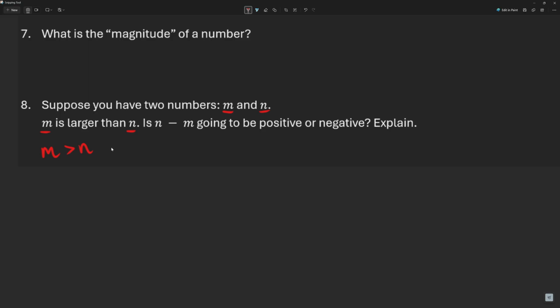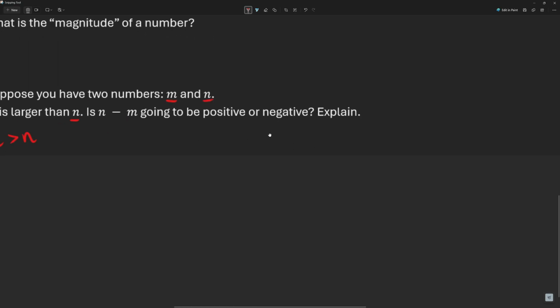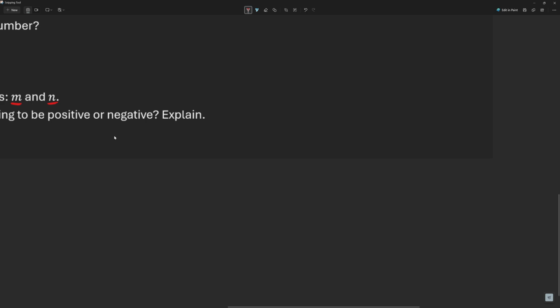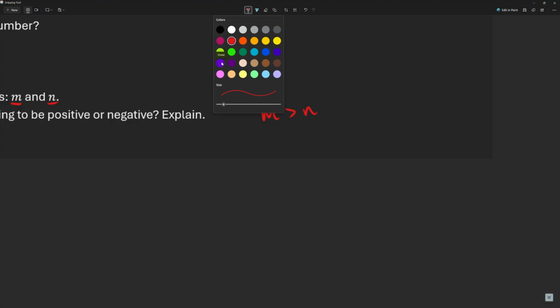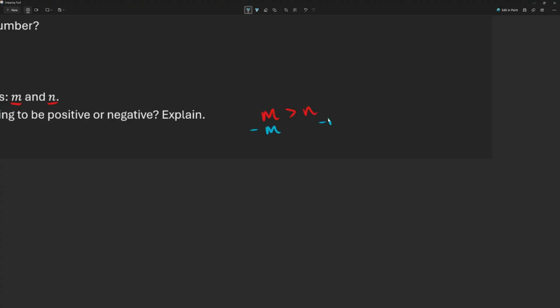Now, you don't need algebra to solve this, but we can actually do something pretty interesting. We can use this inequality that we just wrote, M is larger than N, and look at N minus M. Let's subtract M from both sides.